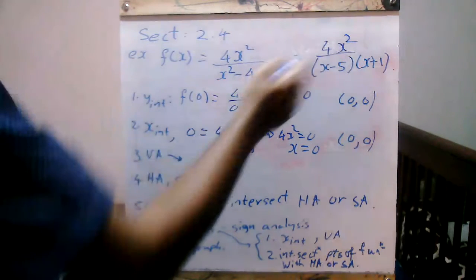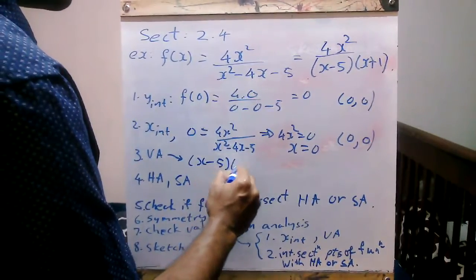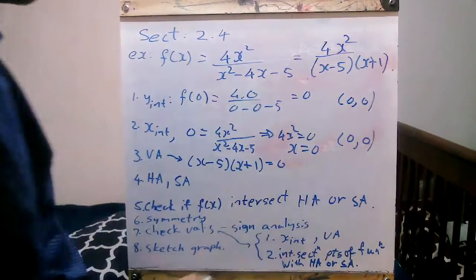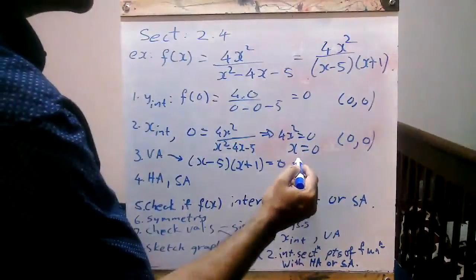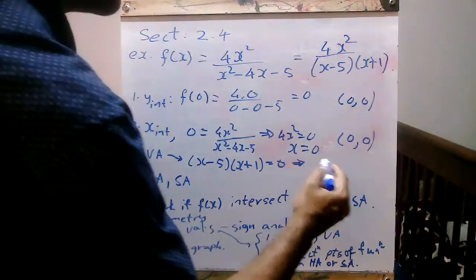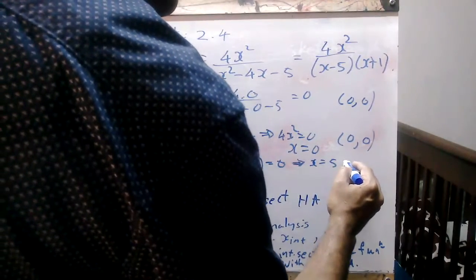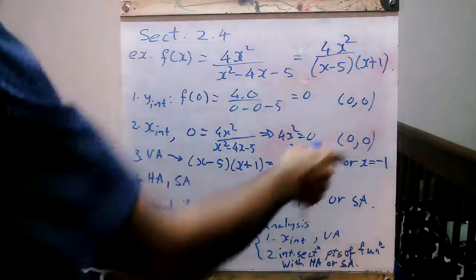Now if we set the denominator to 0, we get (x minus 5)(x plus 1) equals 0. This implies x equals 5 or x equals negative 1, right? So these are the vertical asymptotes.